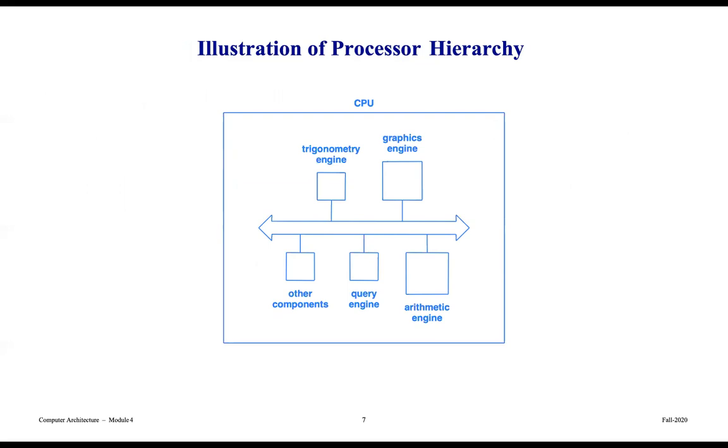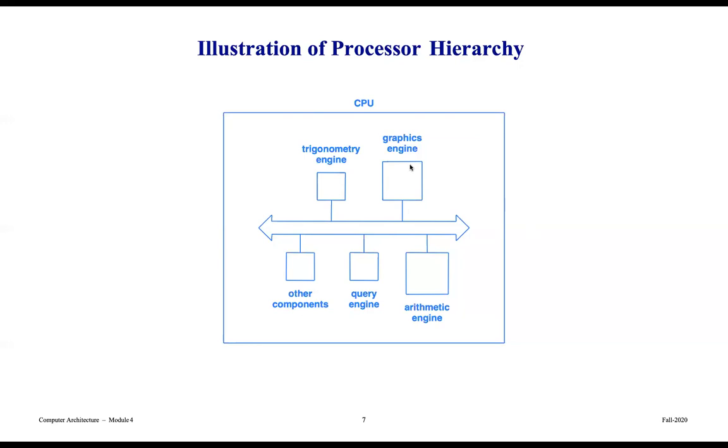So here's a way of looking at the processor hierarchy and the various things that are brought together. I mentioned the arithmetic logic unit, and so we can have an arithmetic engine. You can have various queries. How do you handle an interrupt, where something comes in that I need to actually act upon?